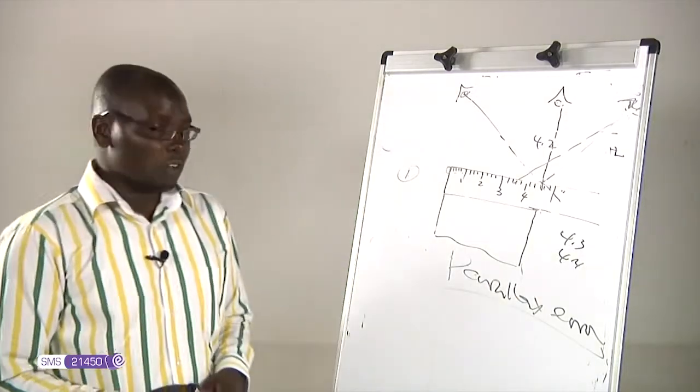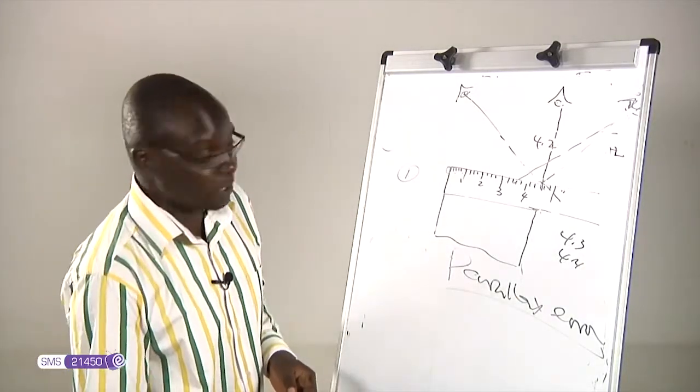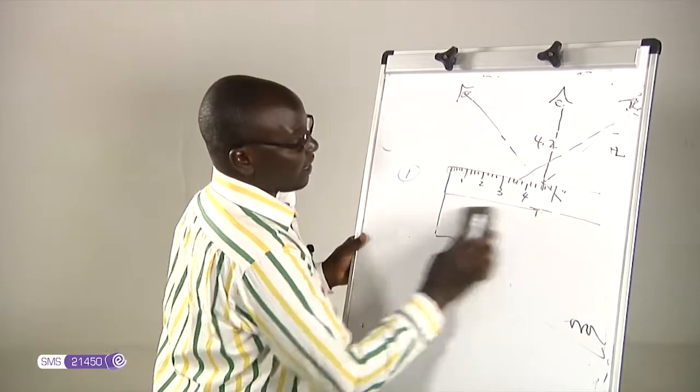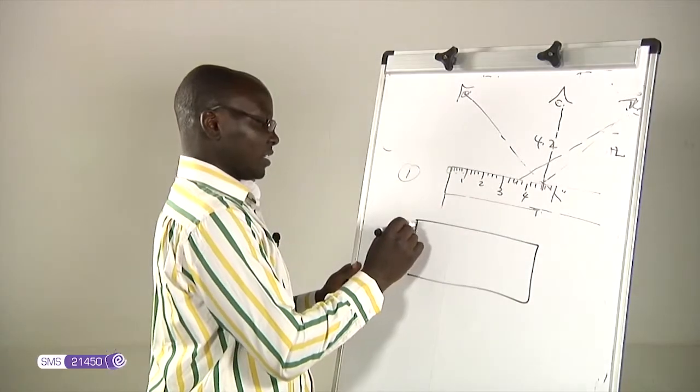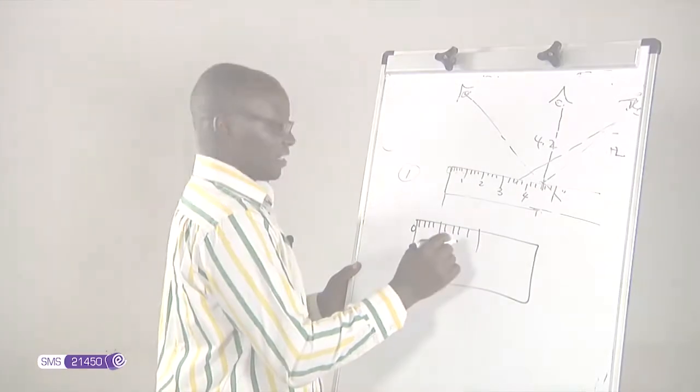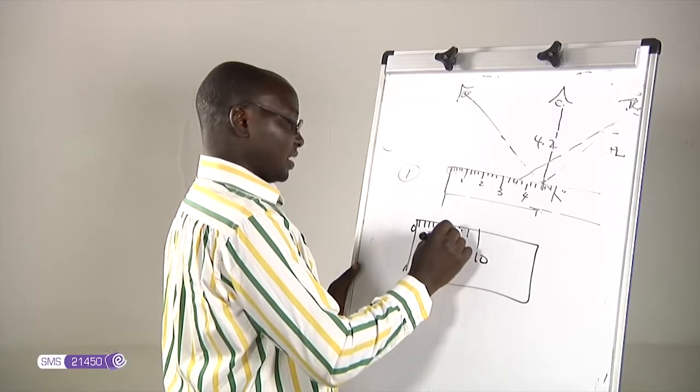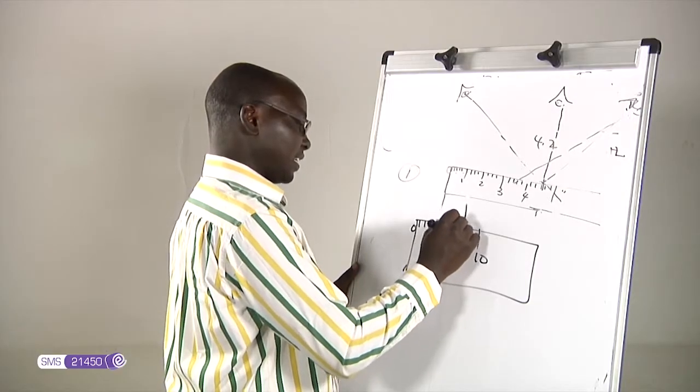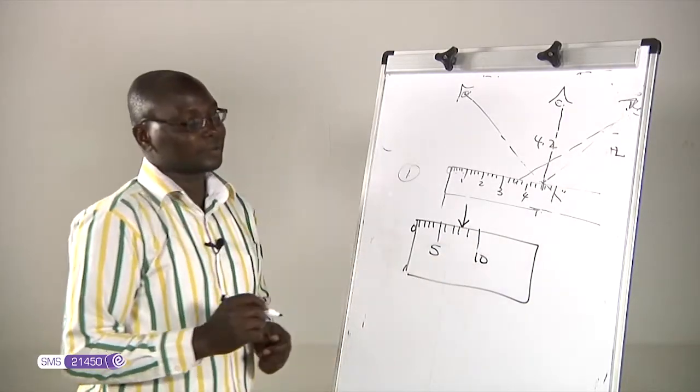So the accuracy of the meter rule is numbered at 1 decimal place. Let me magnify this one. So 0 is here, 1, 2, 3, 4, 5, 6, 7, 8, 9, 10. Suppose we are supposed to give the reading, that reading there.